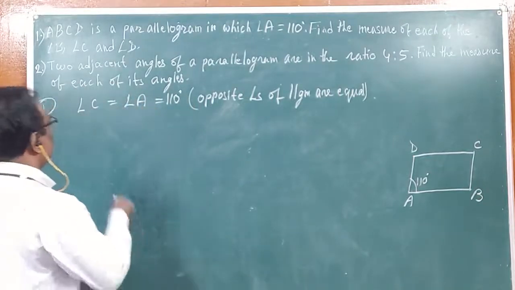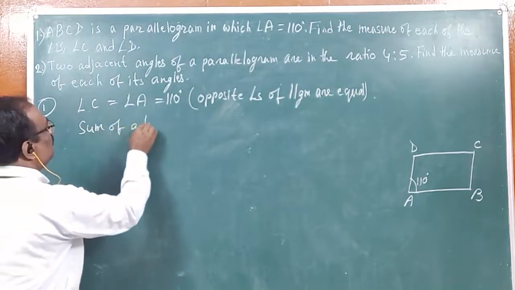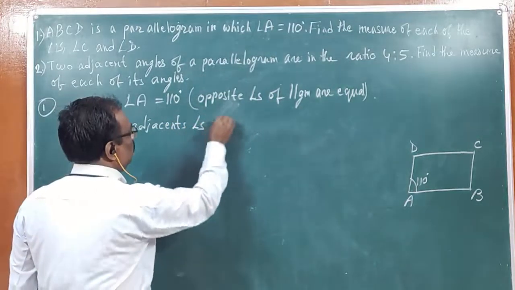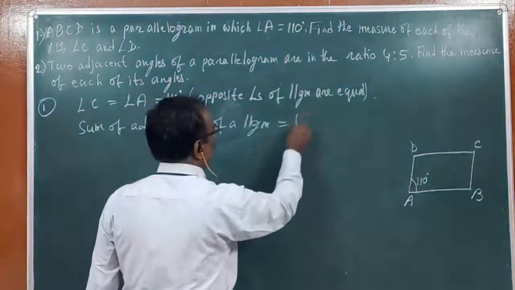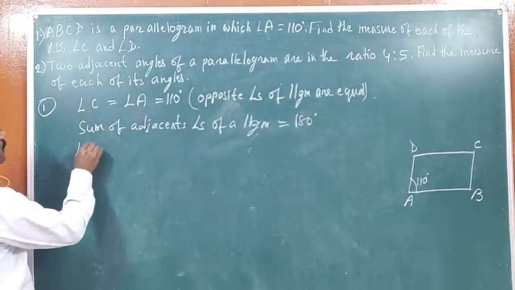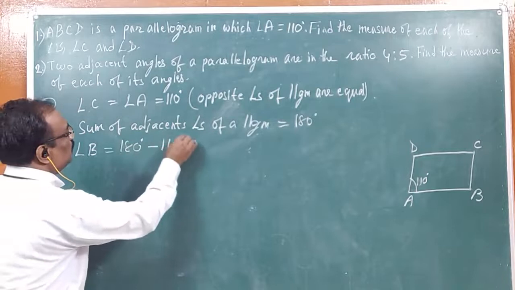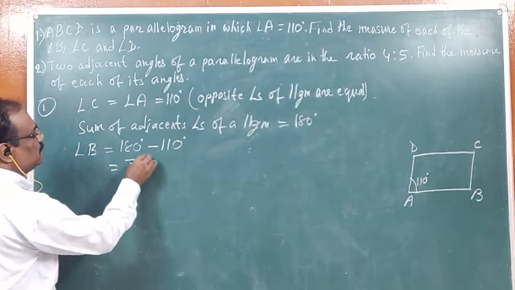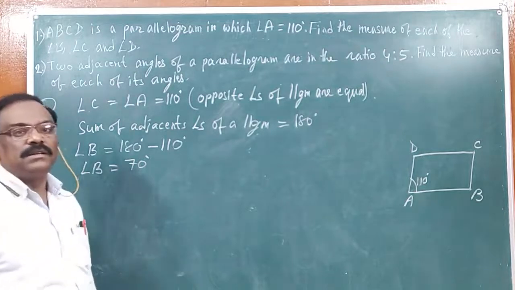The reason: sum of adjacent angles of a parallelogram is equal to 180 degrees. So angle B is equal to 180 degrees minus 110 degrees. When we subtract, we get 70 degrees. So angle B is equal to 70 degrees.